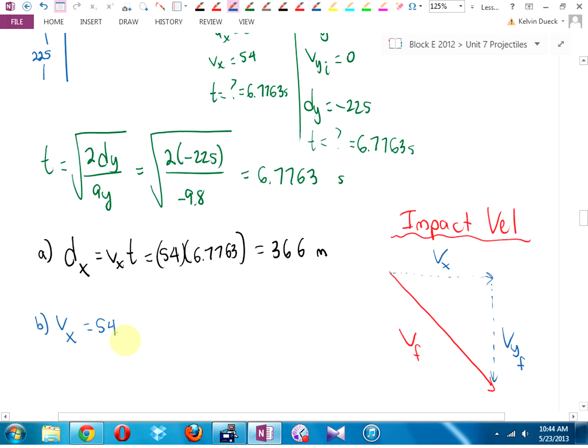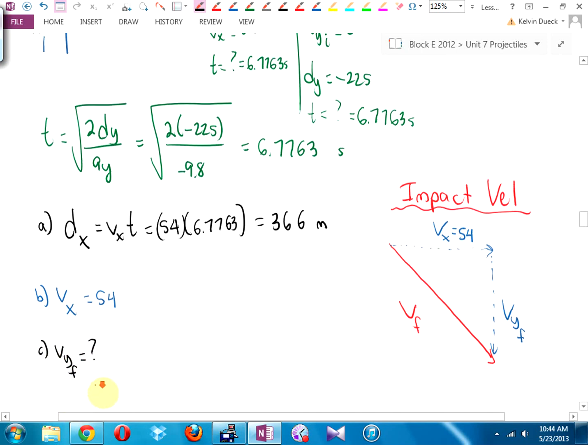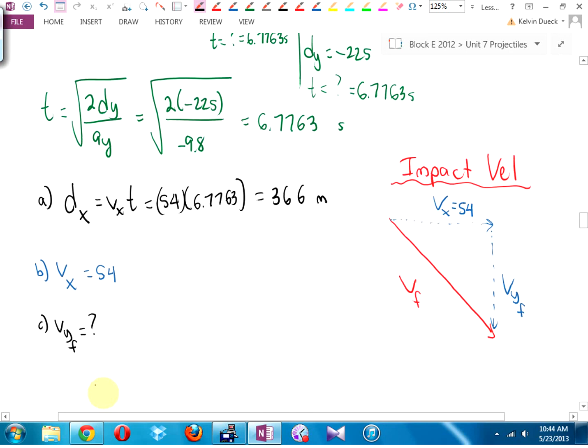In fact, over here where I've drawn this picture, I'm going to write equals 54. What does C want me to find? Now that vertical component, that's changing. That's going to be Vy final.